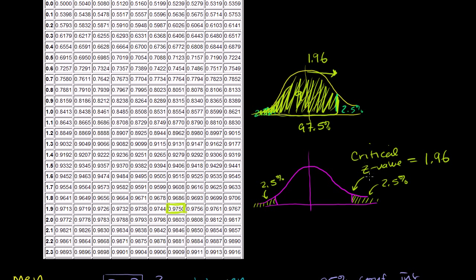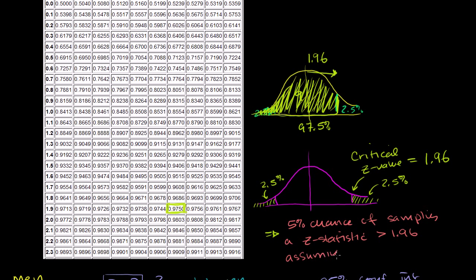So what that tells you is there's a 5% chance of sampling a z statistic greater than 1.96, assuming the null hypothesis is correct.